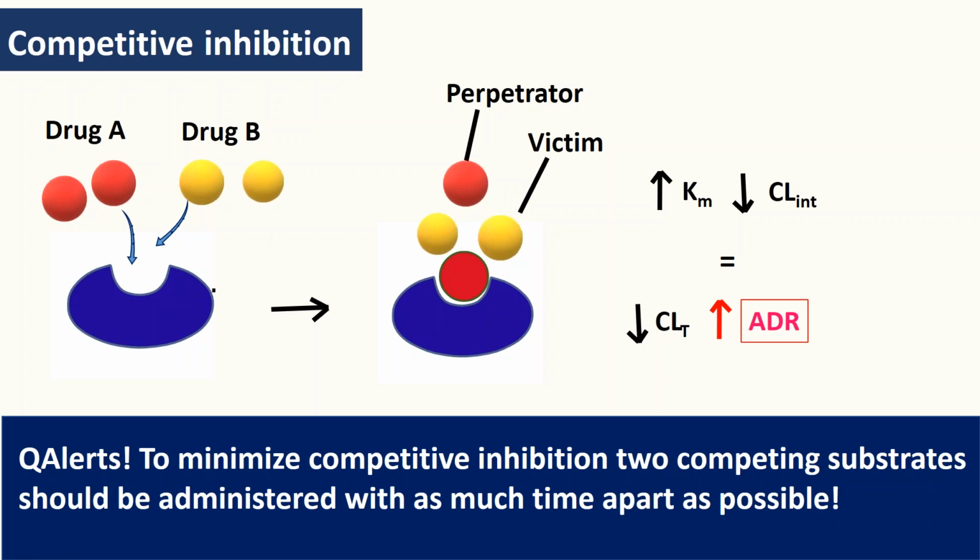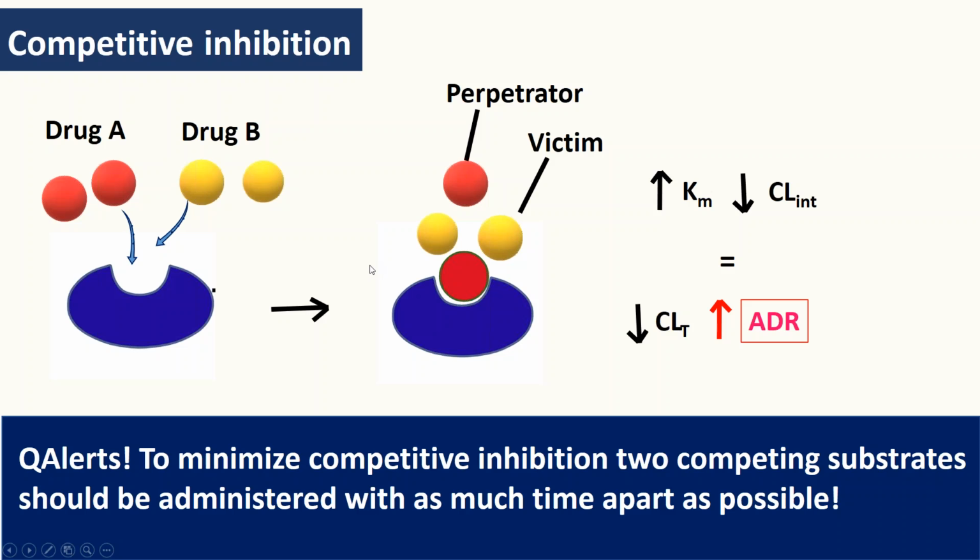To avoid it, you can space the time interval almost equal to 5 half-lives of the drug. Let's say a drug has a 10-hour half-life, so we are talking about 50 hours, nearly 2 days. The other drug has to be used at least after 2 days to minimize the drug interactions.